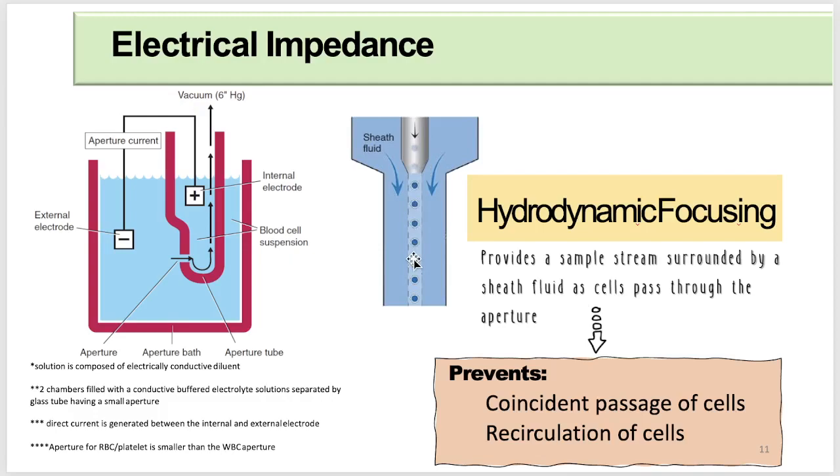Then, the outer sheath fluid. Itong outer sheath fluid ito na nakapalibot sa ating aperture para maging align yung ating mga cells. Anong nangyayari? The outer sheath fluid minimizes your protein buildup and plugs, and it will eliminate again recirculation of cells back into the sensing zone.